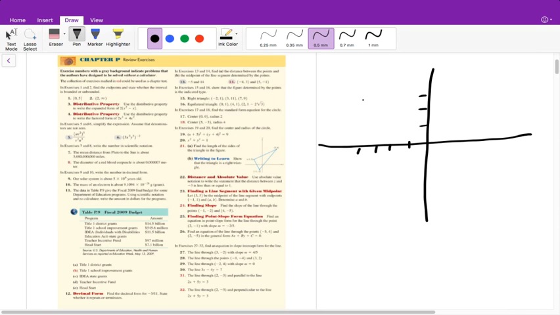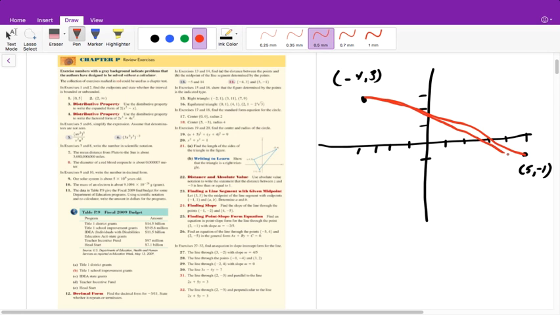So we have -4, 3 right here. And then we have 1, 2, 3, 4, 5, -1 here. So we have -4, 3, and we have 5, -1. So there's 2 ways you can do this.